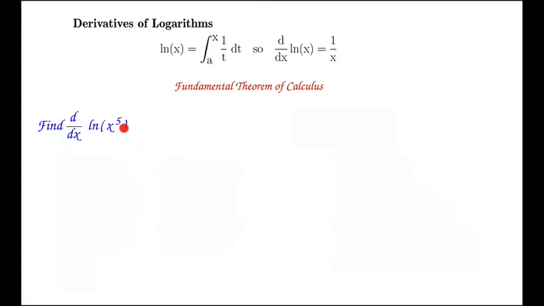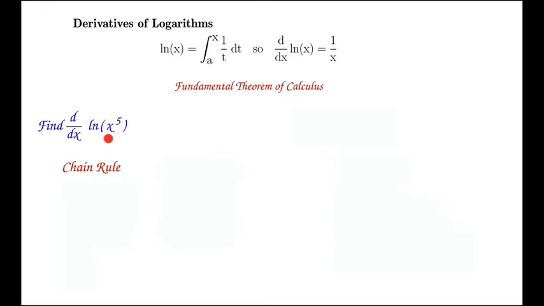The first method is to solve this problem by using the chain rule. We recognize that we have a composite function, so ln of some function, and so we simply multiply the derivative of the outer ln portion of the function, which is 1 over said function, and multiply by the derivative of the inner function.